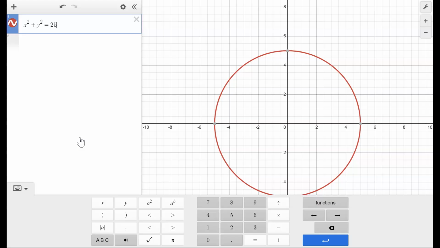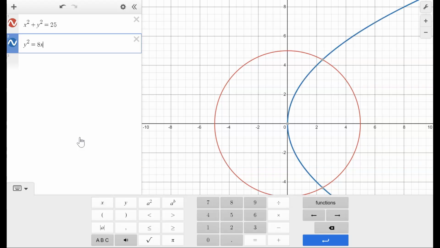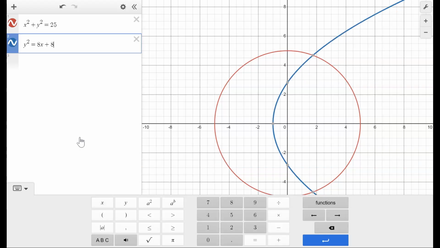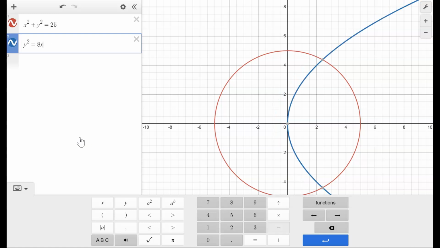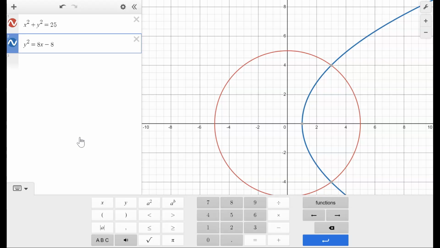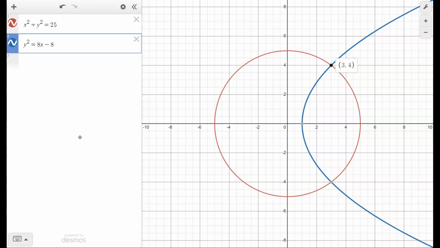And then the next equation was y squared equaled 8x plus 8. I think it was -8 actually. So we get something like this. So we can see that they're intersecting. They're intersecting at 3, 4, and they're intersecting at 3, -4, which is what we saw.